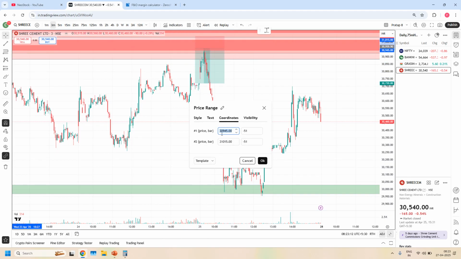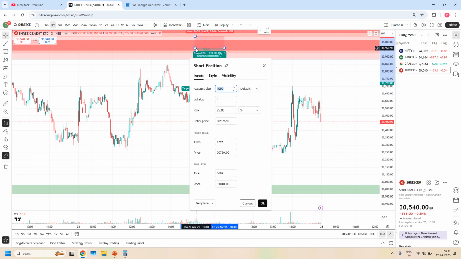What is the type 2 proximal? 30,945. Instead of 30,945, we are taking the trade at 30,959.90 paise. Another 19 rupees 90, close to 20 rupees inside, you took the trade. Why? What is the reason? That I will explain a little later. But for the time being, you accept this is your entry.